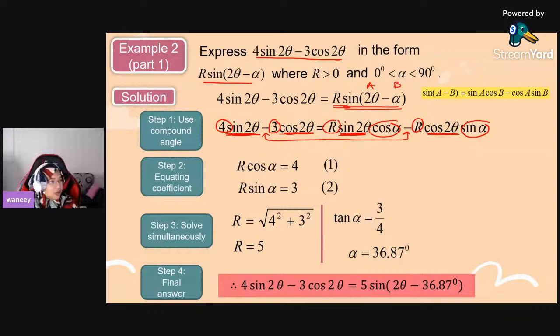Okay, so now, are you guys doing good so far? Okay ke so far? Semua orang okay ke?